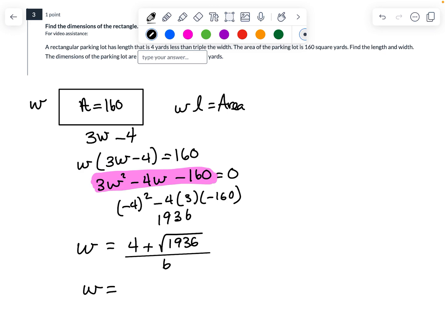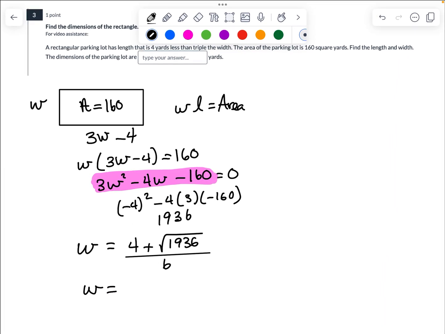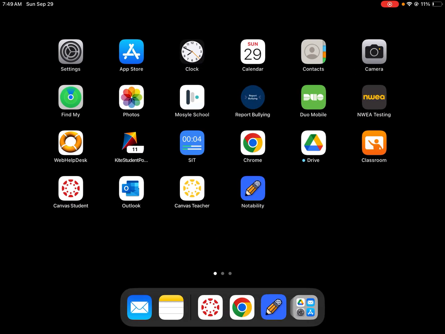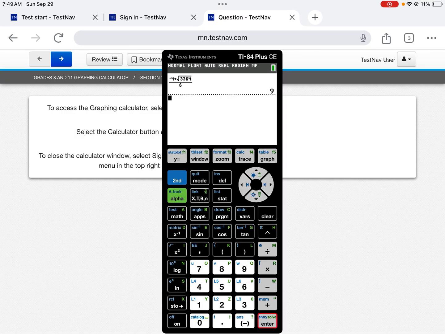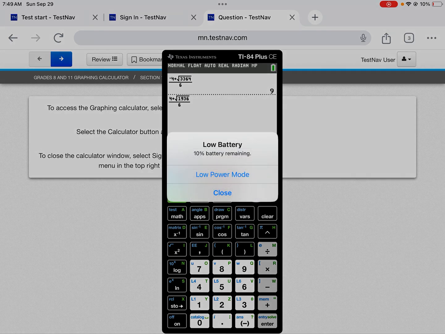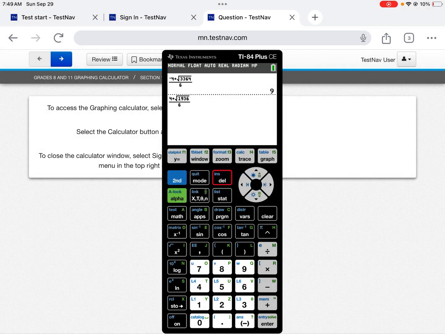I didn't do it on that calculator, I did it on this one. 1936, 4 and 6. So back here, if I change this to 1936, and I lose the negative sign here, I see 8.